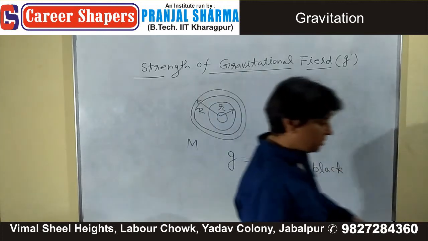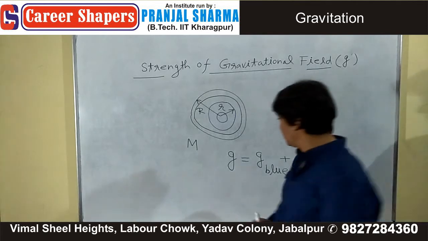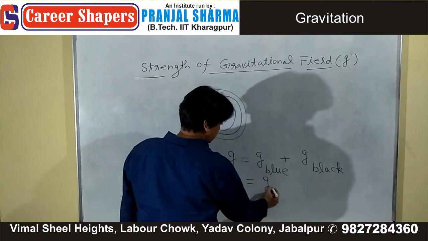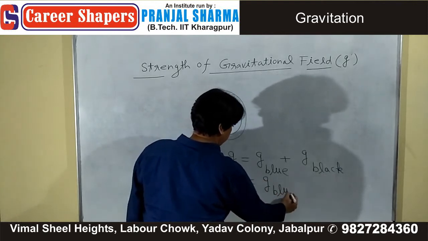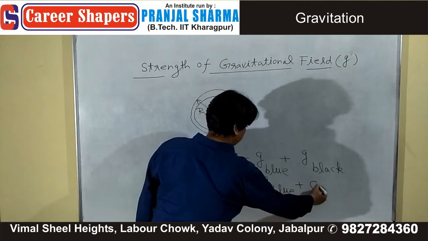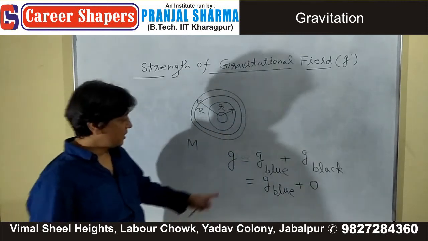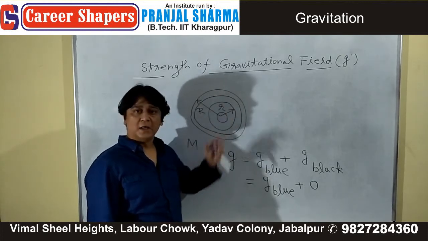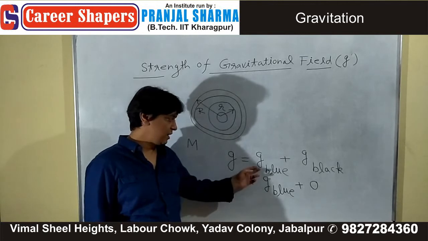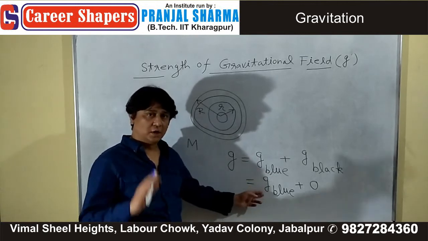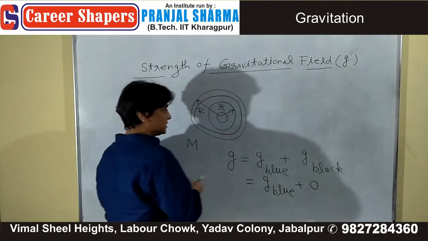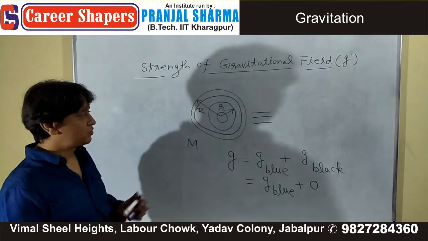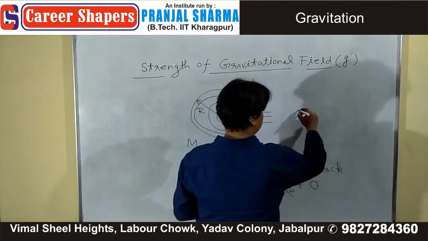Now if you go for black shells, then you know that black shells, they are not producing any gravitational field, and therefore gravitational field produced by the solid sphere at this point is nothing but gravitational field produced by the blue shells. That means you can say that this whole system, as far as gravitational strength is concerned, is equivalent to this.